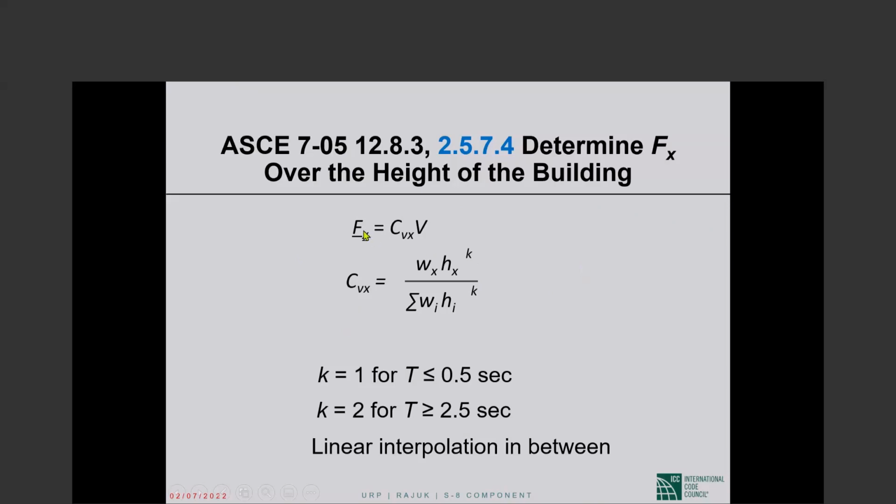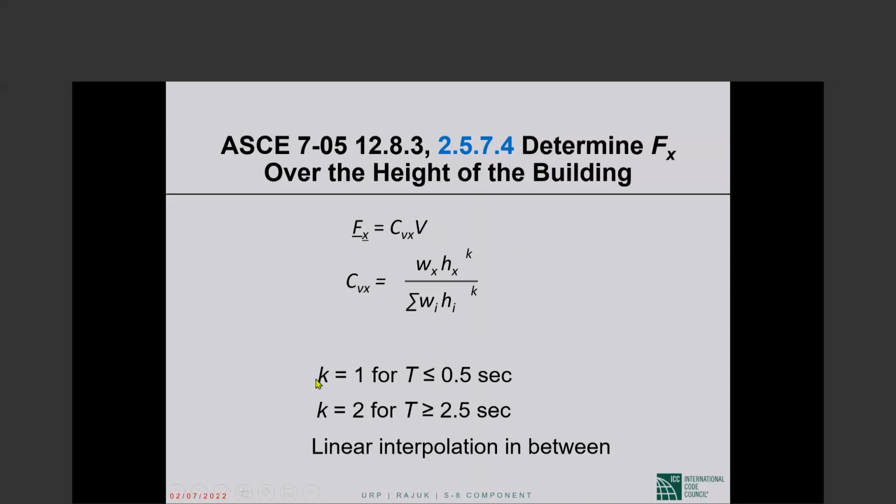The lateral force at floor level x, which is denoted by capital F sub x, is a coefficient times the design base shear V, and the coefficient is given by this equation. W sub x is the seismic weight at floor level x. H sub x is the height of floor level x above the base.